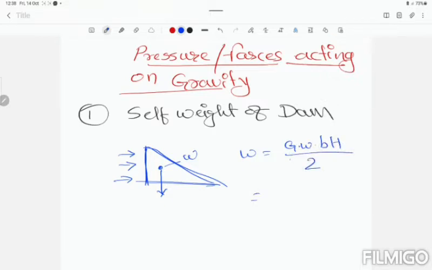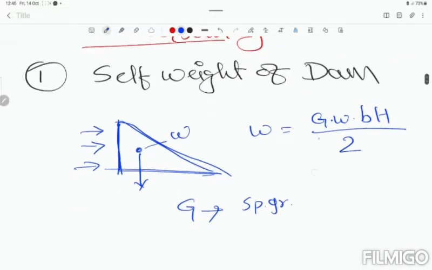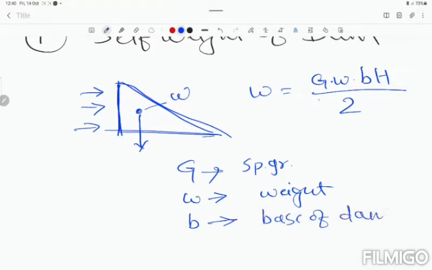Here W is nothing but the self weight of the dam, g is the specific gravity of the dam body, b is the base of the dam, and h is the total height of the dam.